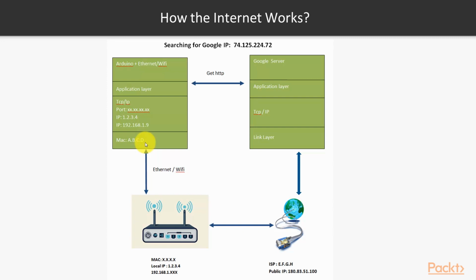This is unique in nature. So whenever a device needs to reach another device, whether a computer, a router, or a client, all of them are going to be looking for the MAC address.